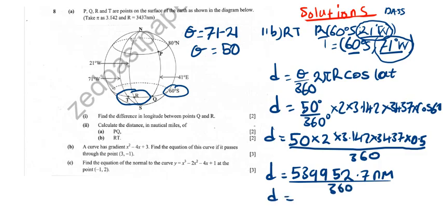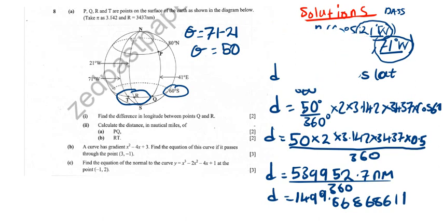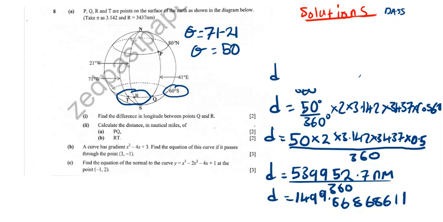So you divide by 360, you are going to get 1499.86868611, like that. So now you are just going to say therefore our distance, which is RT, is equal to what?